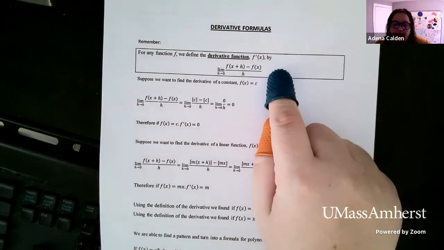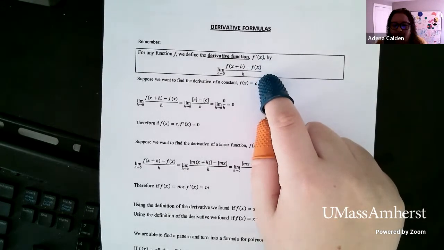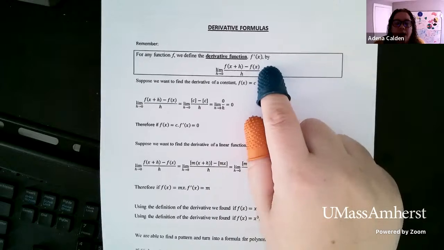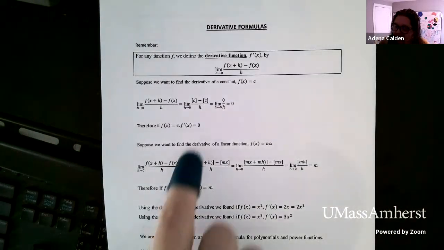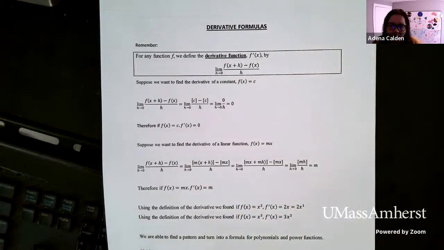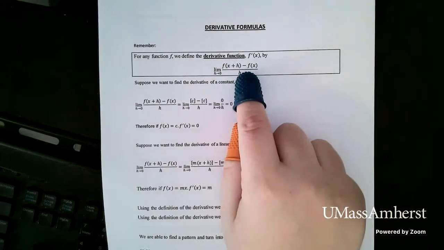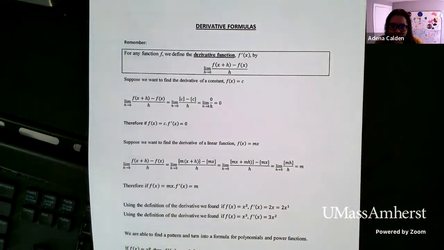The definition of derivative looks like this. I think you saw it once back in 2.2, but we haven't really done a lot of work with it. The derivative formula is the limit as h goes to 0 of f of x plus h minus f of x over h. What this is doing is taking secant lines and getting them closer and closer until it becomes a tangent line, which we talked about earlier in chapter 2.